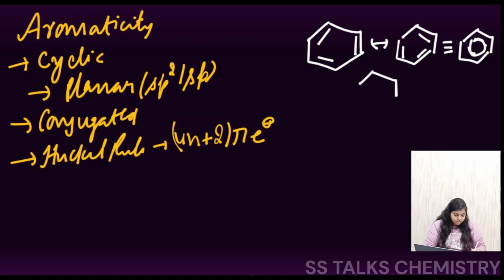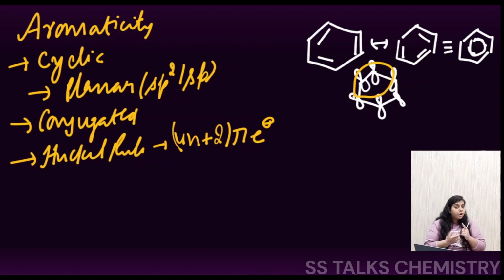Here you can see the p orbitals contain electrons, right? The electron density is shifted like this among these p orbitals, which means they are in conjugation with one another. The same condition we require in the aromatic systems that I have written, be it furan, pyrrole, pyridine, or thiophene.